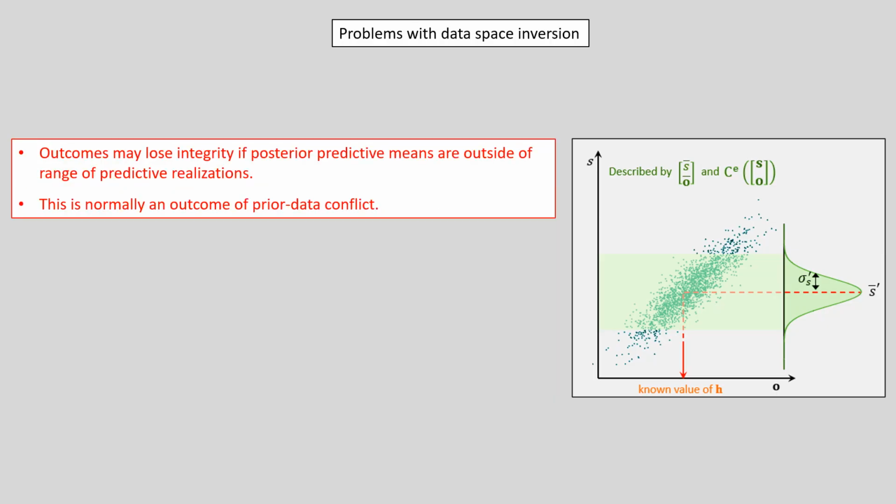But whenever there are benefits, there are problems or drawbacks. DSI is fast and flexible, but if there's prior data conflict, then it's not going to work too well, because the integrity of the linkage between the past and the future is lost if the complex model, embodied with all those different statistical realizations of what may happen under the ground, is still unable to reproduce what actually happened in the past.